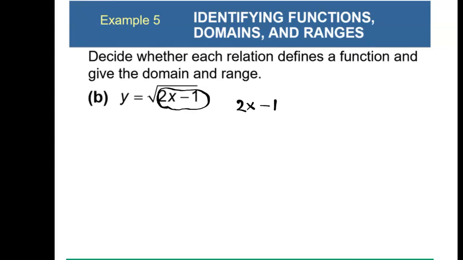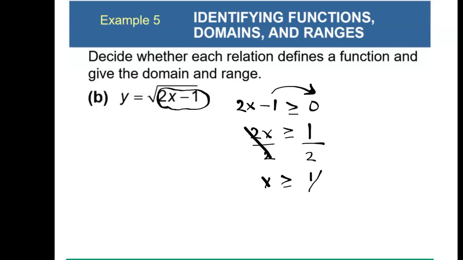So the quantity under the radical, which is 2x minus 1, has to be greater than or equal to 0. So we solve that. We have 2x is greater than or equal to 1, and then x is greater than or equal to 1/2.